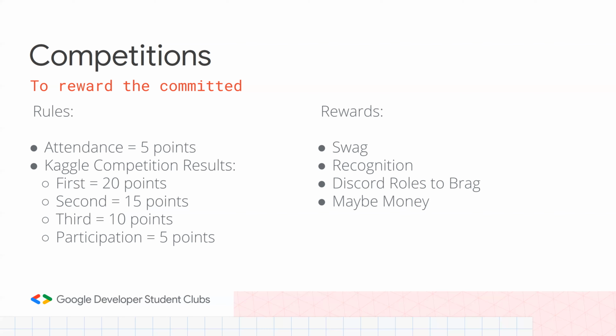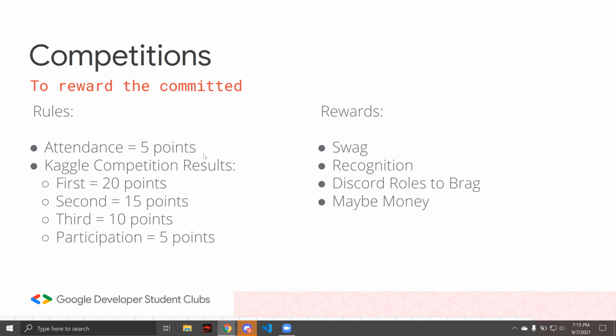Depends on how many people participate. If there's like 20 people participating in these Kaggle competitions, I'll put in, let's say, $200 as a prize pool. Yeah, we're not like the other developer communities here at GDSC.